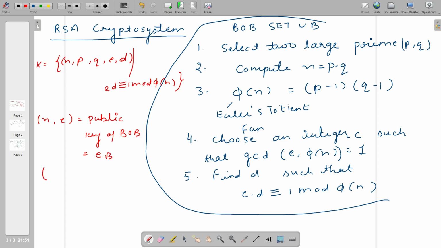And P comma Q comma D are the private key of Bob, and usually we represent it with DB. So this is the public key and this is the private key, and what N, E, P, Q and D are, we have discussed here.